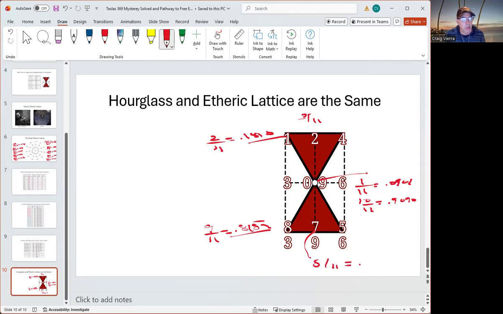All right, so this is 0.7272. This up here is 0.2727.